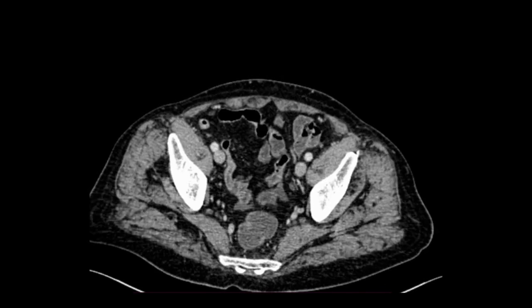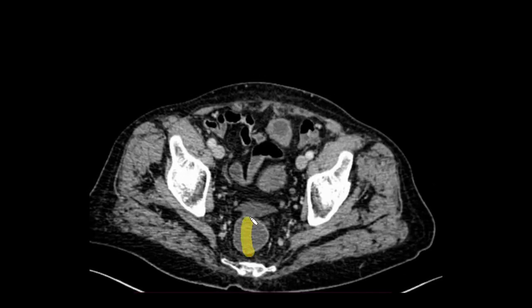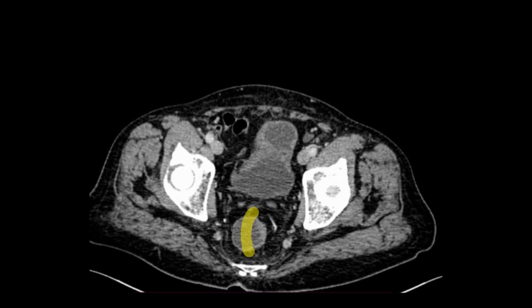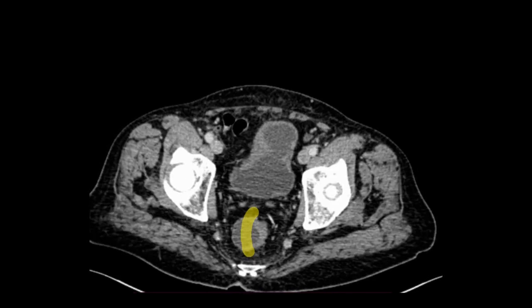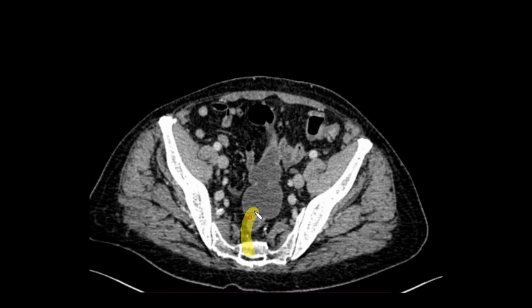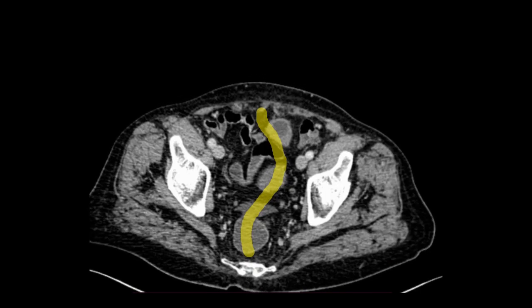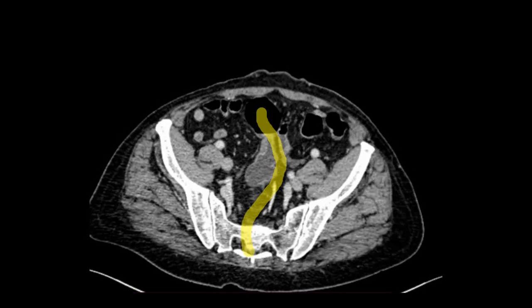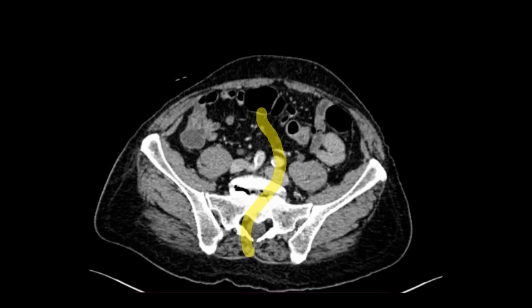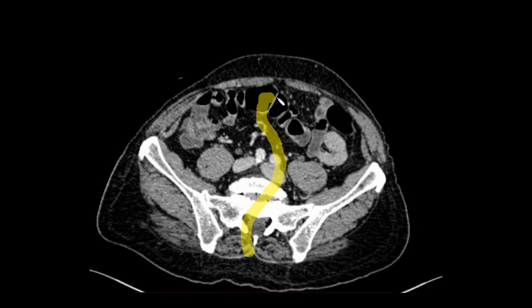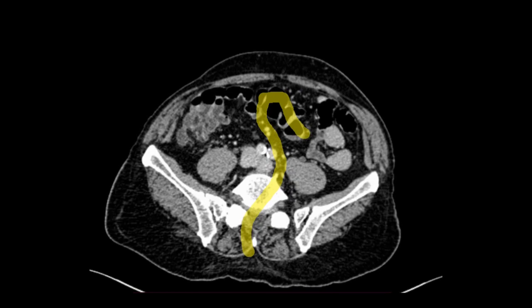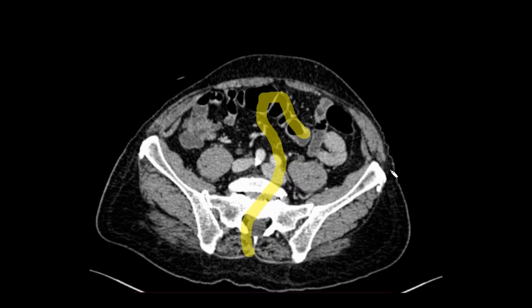For those who have not, let us just follow our approach. This is the rectum. Now as we go up, you can trace the entire sigmoid. Going up now, you can see it is going like this, then going like this.